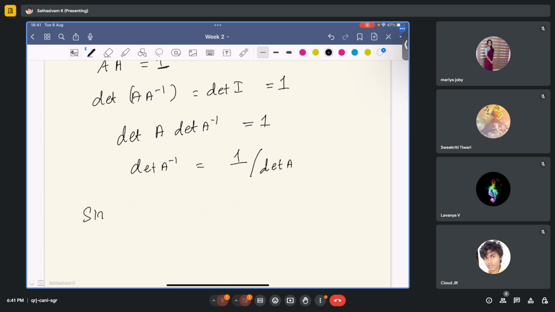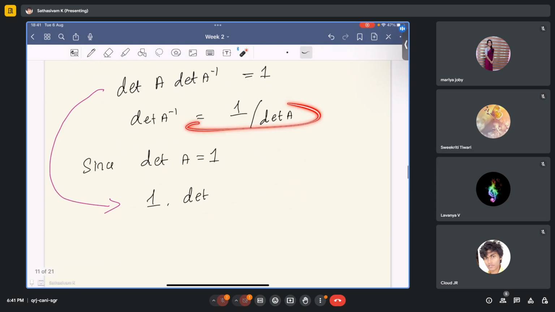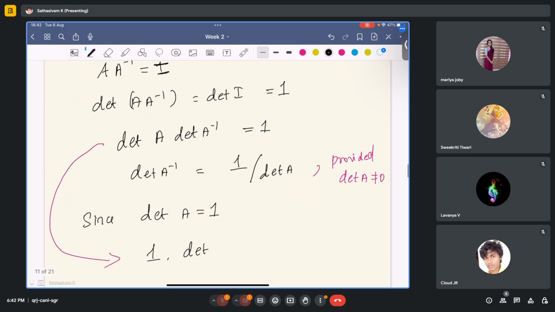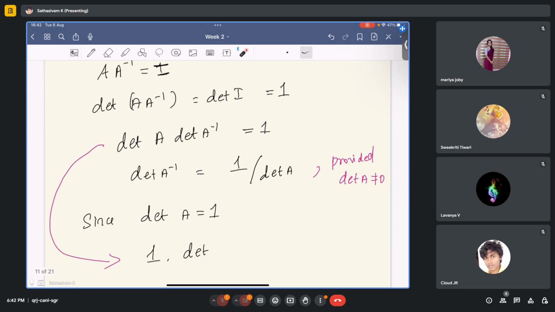Since determinant of A is equal to 1, what you have is 1 times determinant of A inverse. So from here I'm writing it. Of course, one can write from here also, but okay, that is fine.